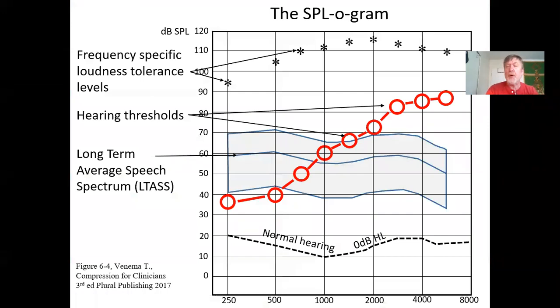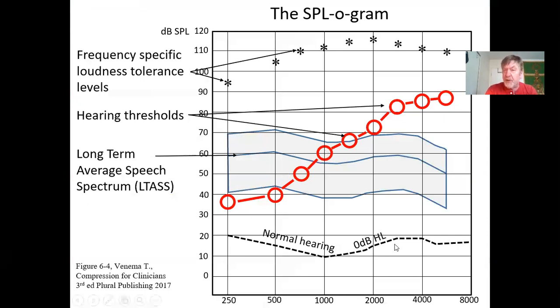The SPLogram, once again: unaided speech, long-term average speech spectrum, LTAS, another long-winded acronym, AKA, also known as unaided speech.